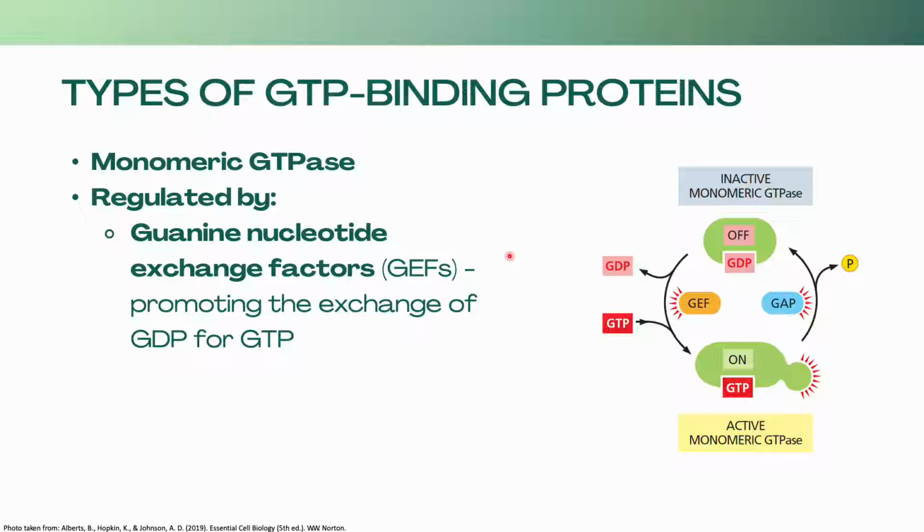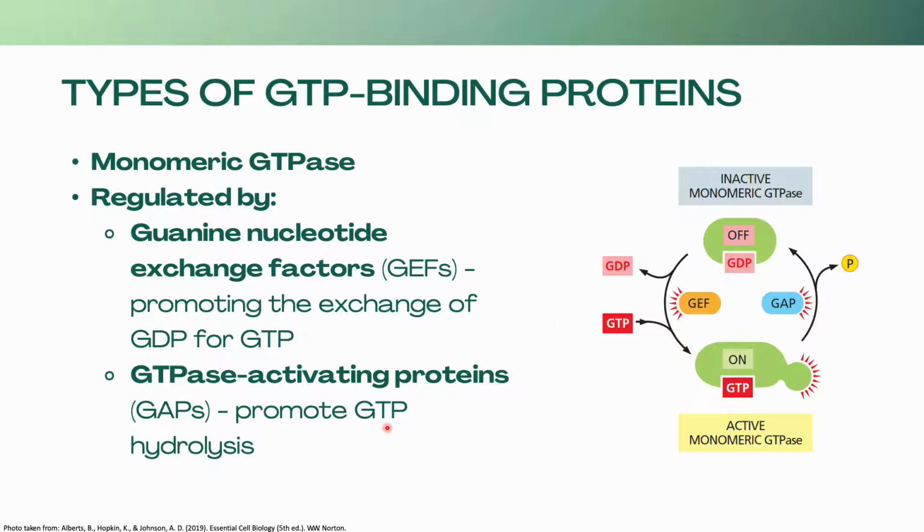And these GEFs promote the exchange of GDP, that means they promote the removal of GDP and the exchange for GTP. On the opposite side, we also have the GTPase activating proteins, or GAPs for short, and these proteins promote GTP hydrolysis. In this figure, we can see the effects of these regulators. Here we can see GEF and its ability to turn on our molecular switch, and our GAP and its ability to turn off the molecular switch.